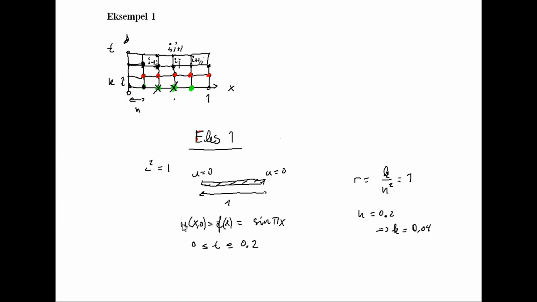Moreover, we assume the following initial condition: u of x, 0 is equal to some function f of x, which is equal to sine pi x. And we consider the case when t is between 0 and 0.2.